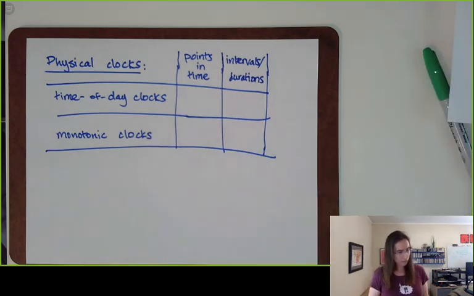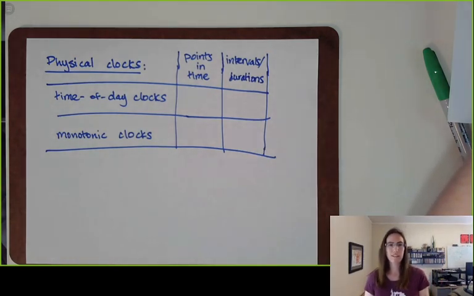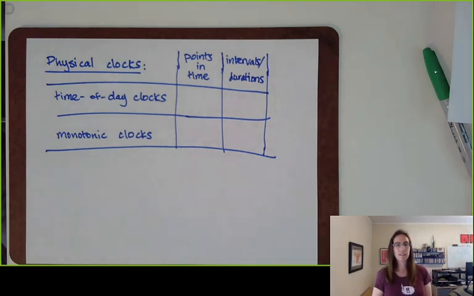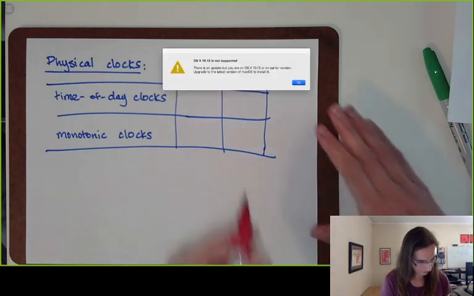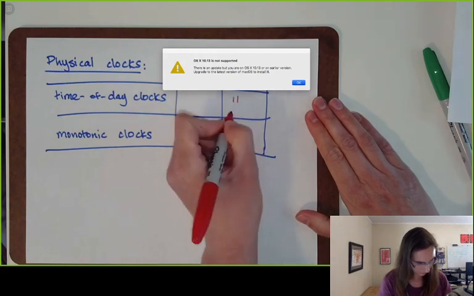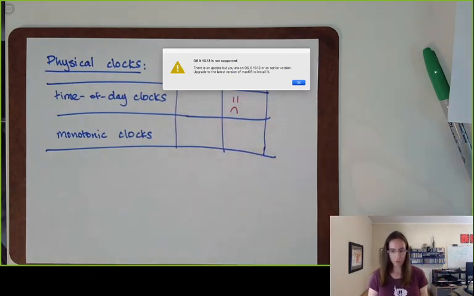So are time of day clocks good for measuring intervals and durations? What did we just say? No, they're not so good for that. Because of what we just said about how time of day clocks can jump forward and backward.